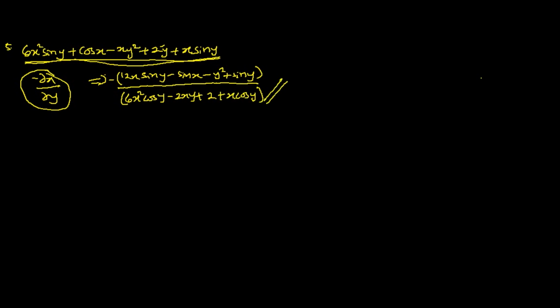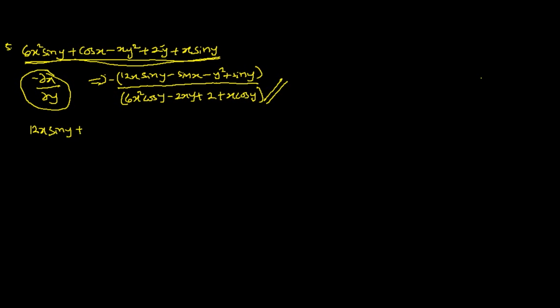But then let's use the long method and compare it and see if we have the same thing. Now let's differentiate this here. We are going to have 12x sin y plus differentiate sin y.